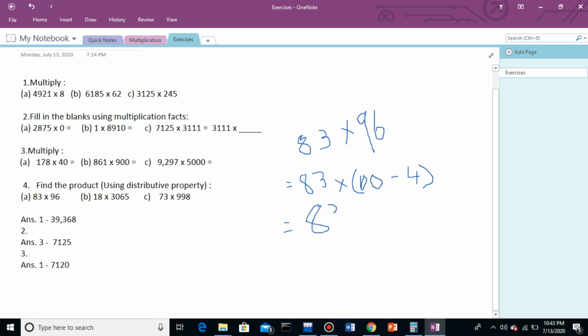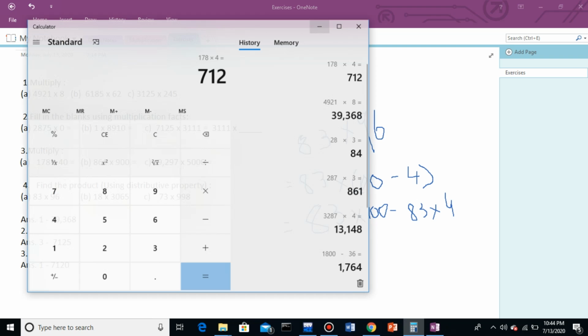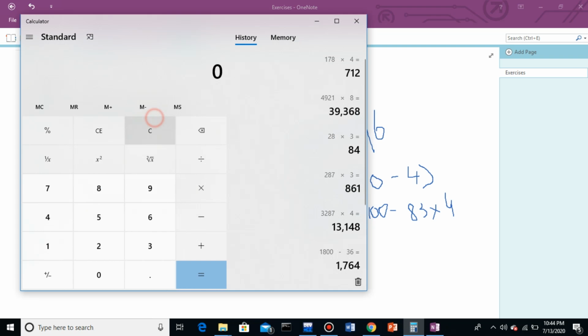I have the blue one only. So 83 into 100, minus 83 into 4. Okay, now let's go to the calculator.